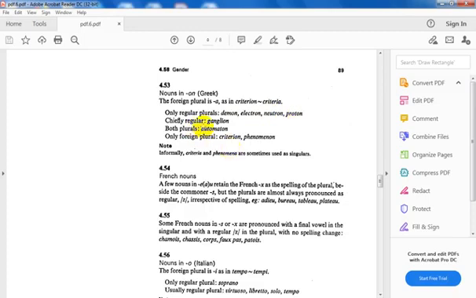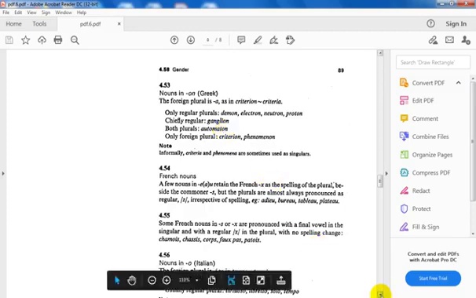Chiefly regular, meaning ganglions, just adding S. But both plurals: automaton, either automata, where we remove ON and add A, or automatons, adding S. Only foreign: criterion becomes criteria. Phenomenon, phenomena. The last ON becomes A.